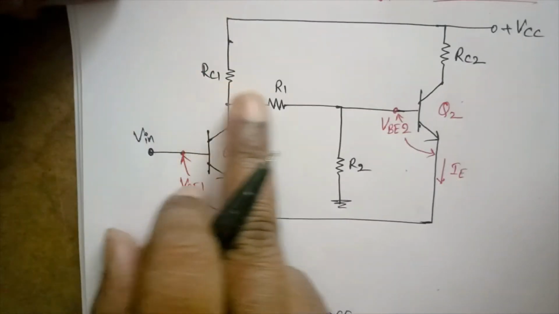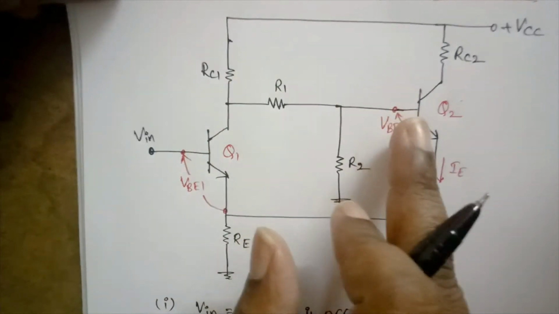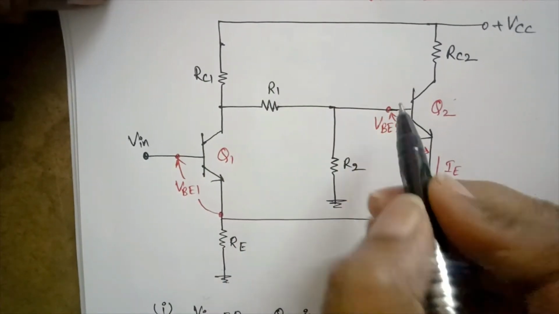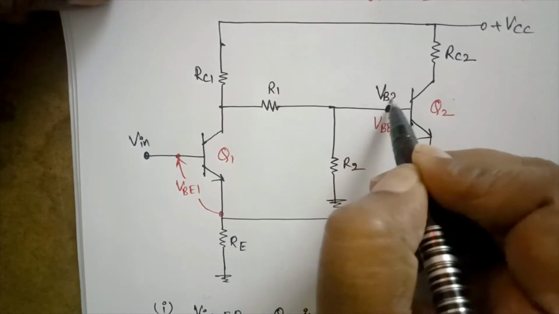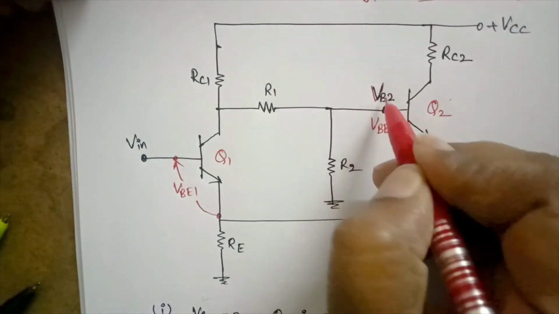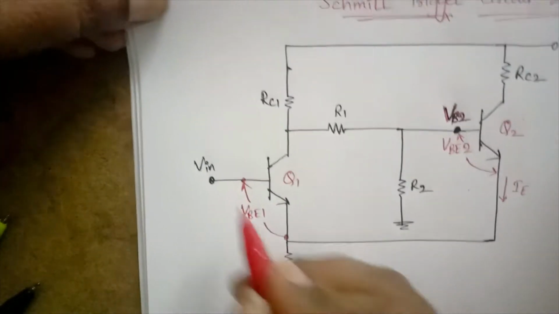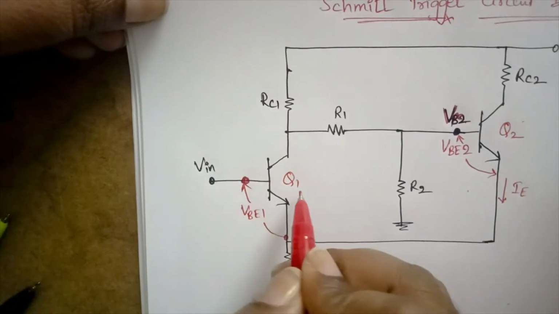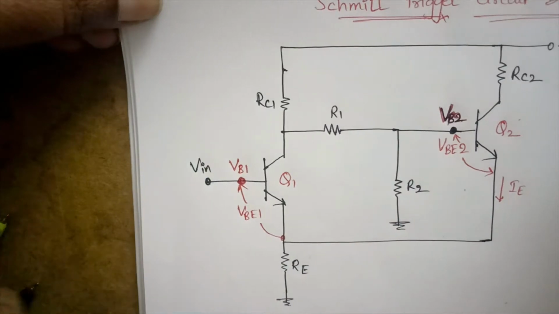If you observe this circuit, it is a potential divider network. So what is the potential at the point VB2, the base of transistor 2? I represent that as VB2. In the same way, at the base of transistor Q1, the terminal voltage I represent as VB1.